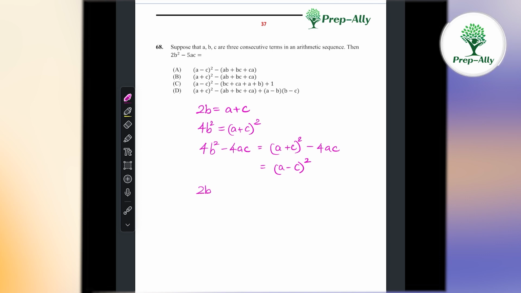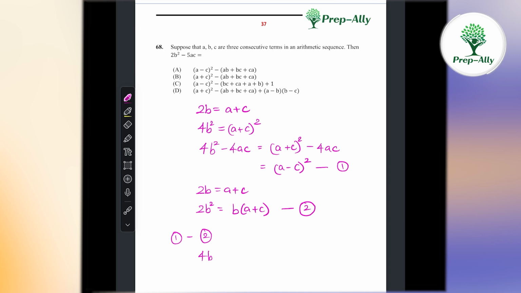And from 2b equals a plus c, if we multiply b on both sides, we also have 2b square equals b into a plus c, right? So if this is equation 1 and this is equation 2, let's subtract the second equation from the first one.